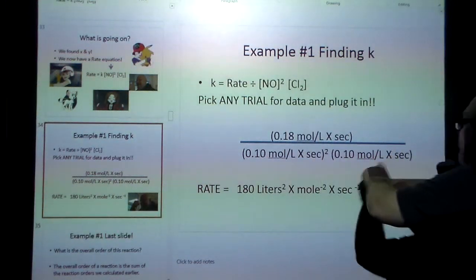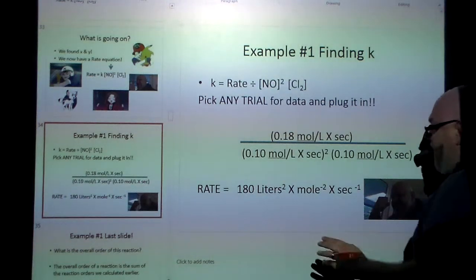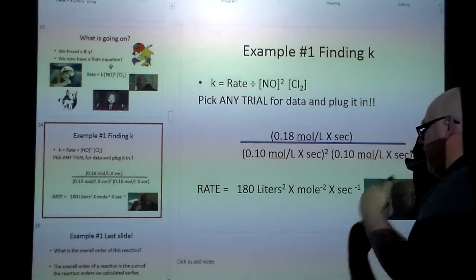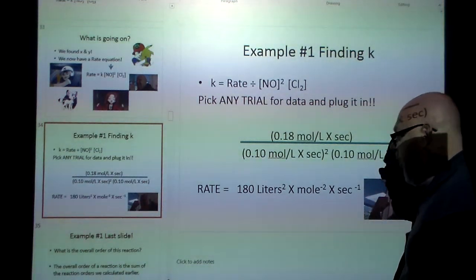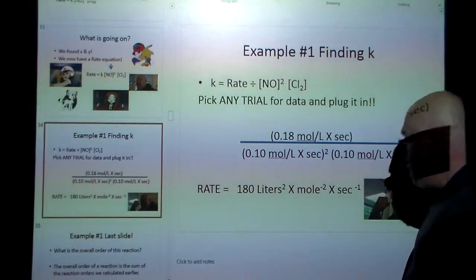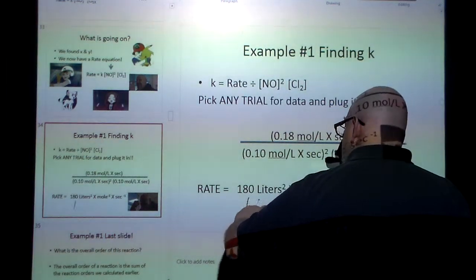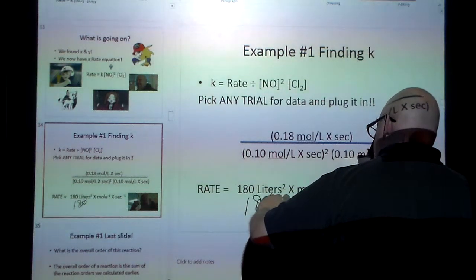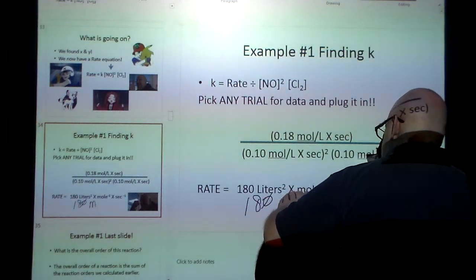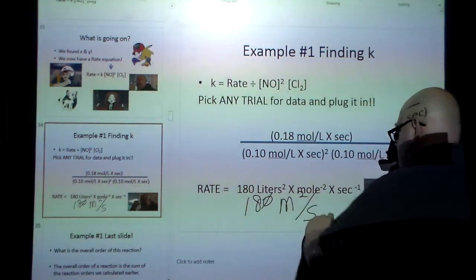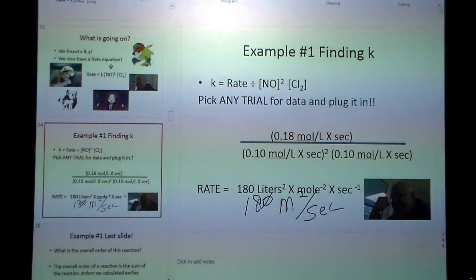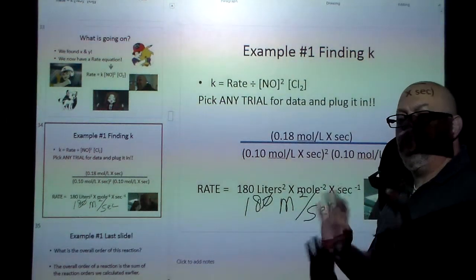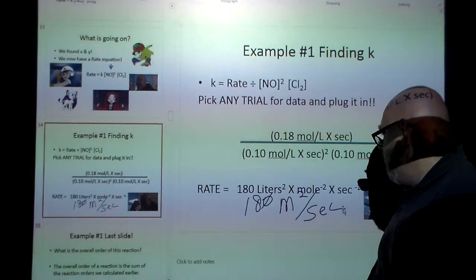So now we plug all this in and we end up getting 180 liters squared times moles to the minus 2 times seconds to the minus 1. Another way to look at this is 180 molarity to the minus 2 per second. And honestly, when you look at the units there, you don't really panic too much about that.